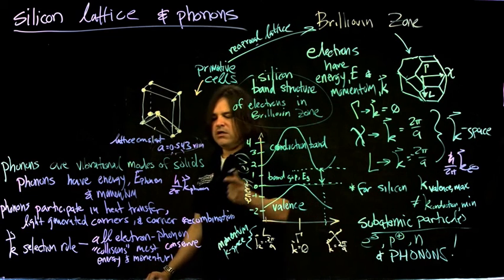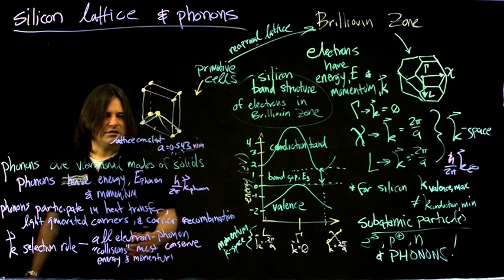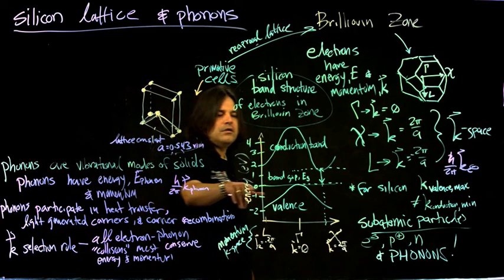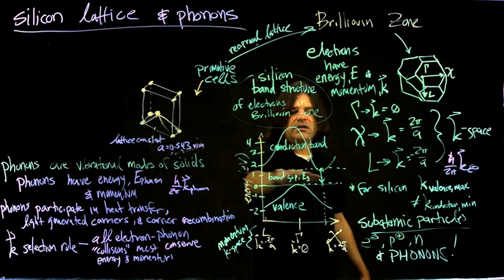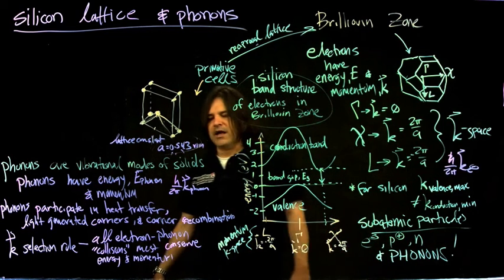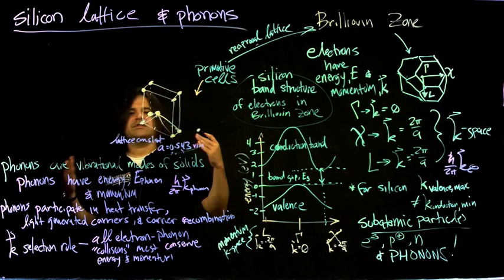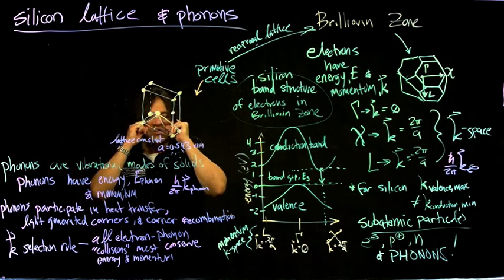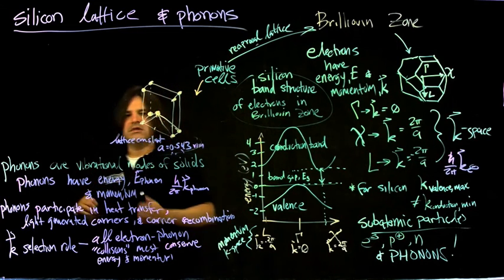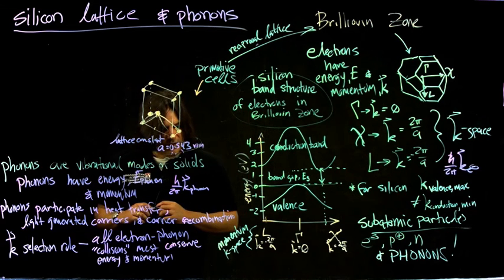So when you conserve the energy and momentum, you already rule out certain combinations. It's not going to have an energy in between the band gap and so forth. So that's the K selection rule. It's saying that when you have this collision, it's also restricted by these quantum-like behaviors. Okay, so that's what I just said.